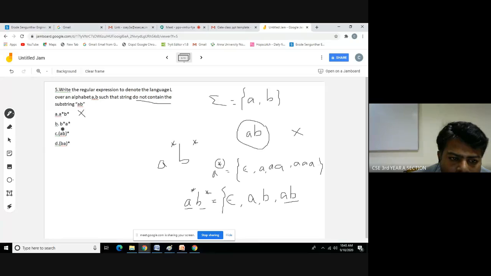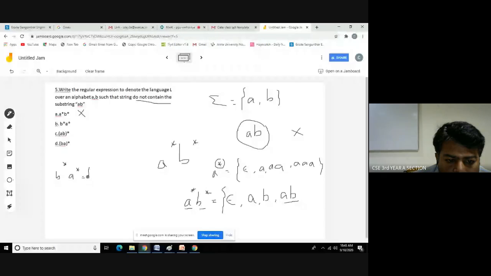So what is the second option? b star, a star. What strings are generated for this given language? The first string is epsilon, right?